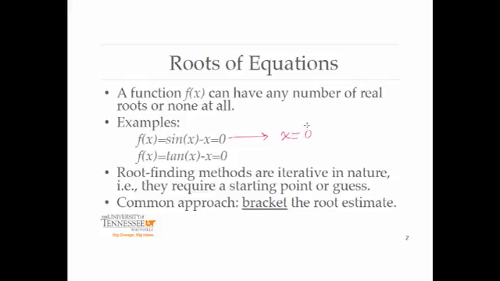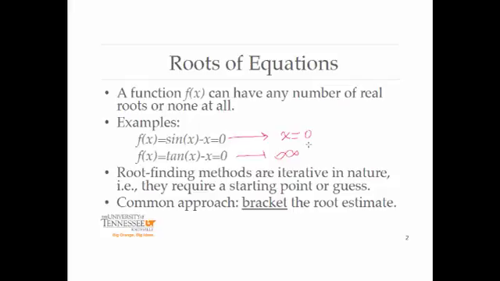That is the only value that you can plug in for x and be guaranteed to get 0 back. However, for tangent of x minus x equals 0, there's an infinite number of solutions. They'll actually come in plus and minus pairs.